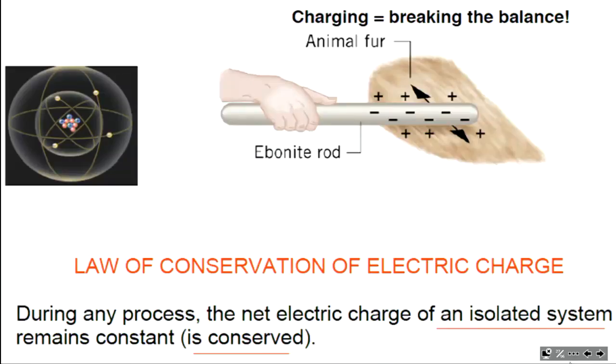That's it. We cannot create or destroy those particles. And this law, of course, has a name, the law of conservation. In this particular interpretation, a law of conservation of electric charge, or in general, a law of conservation of energy.